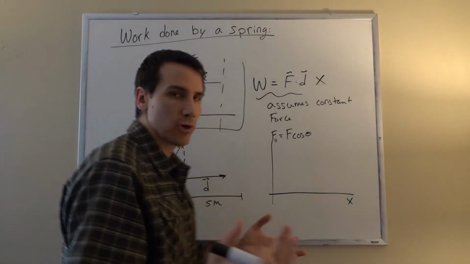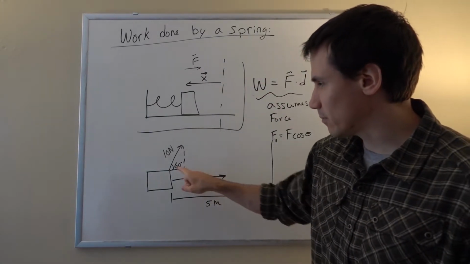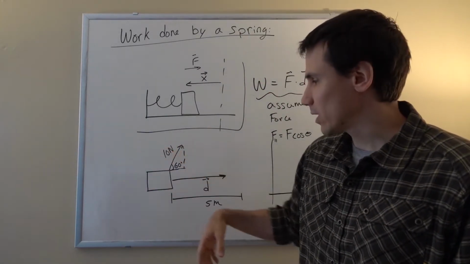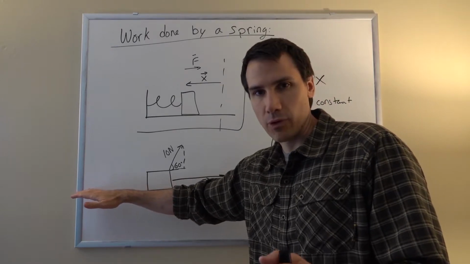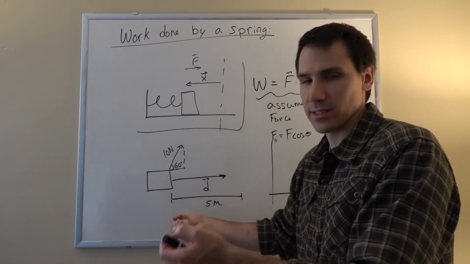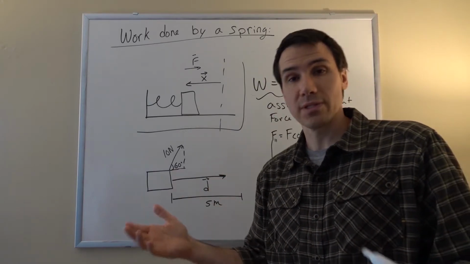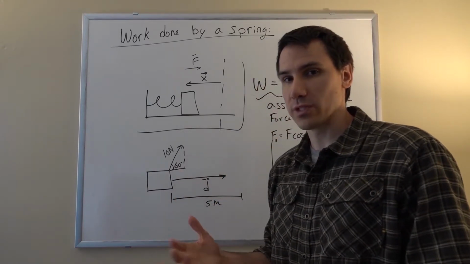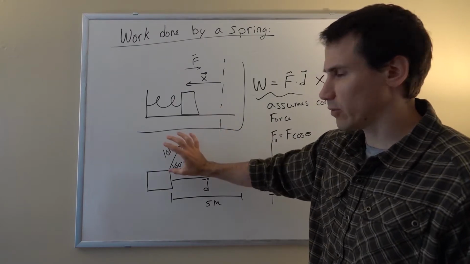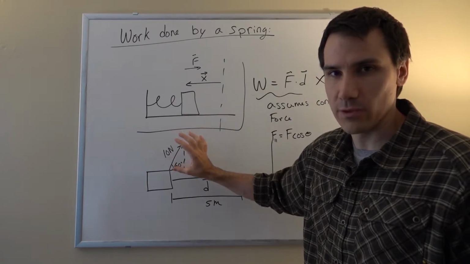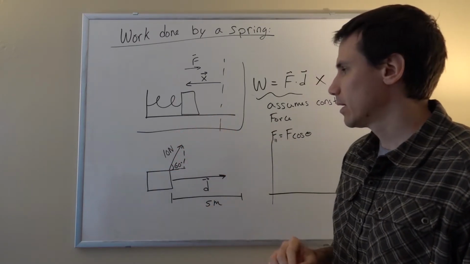So I'm only worrying about the work done by this force here, right? You can imagine it's on a frictionless table and that the normal force and gravity are acting on it. We could worry about each force and the work done by each force individually, but here we're just going to focus on this one 10 Newton force.